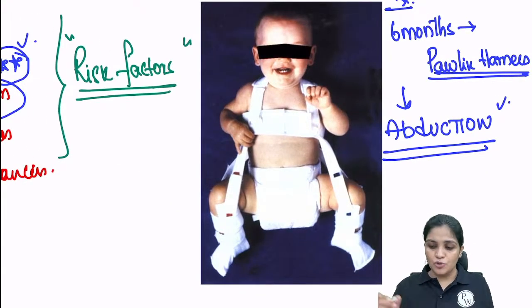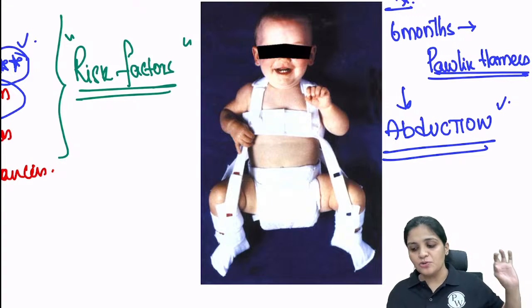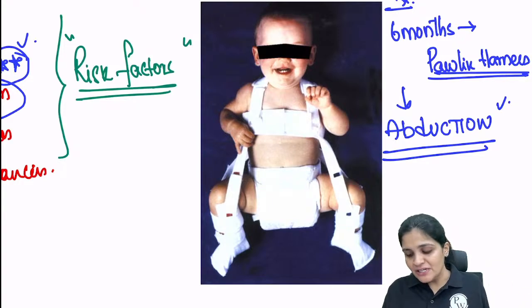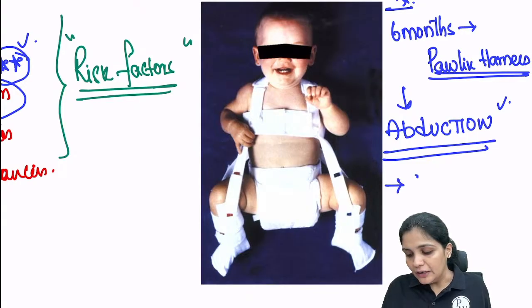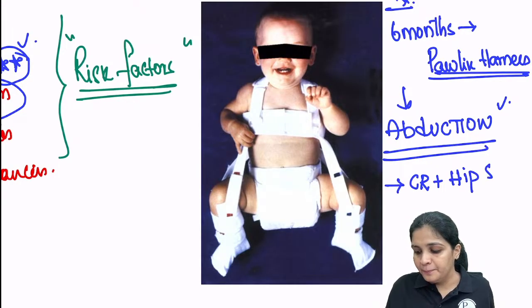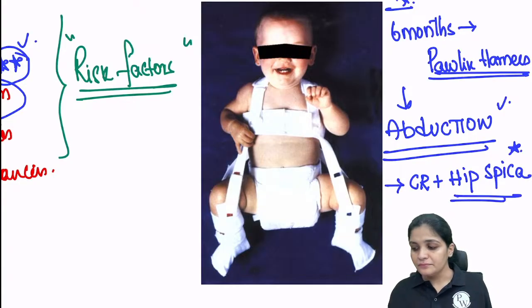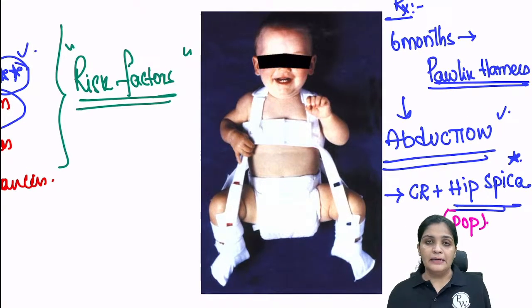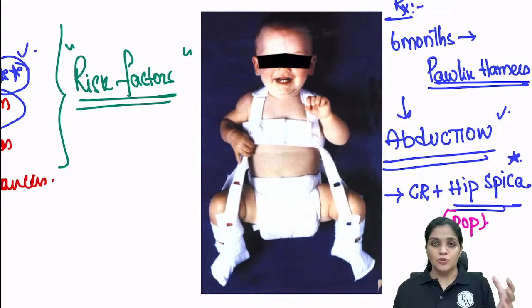When the baby comes to you and you identify it up to 6 months, you go for Pavlik harness. Once it is after 6 months, you can try closed reduction plus hip spica. So what is hip spica? Hip spica is, again, we use POP. The plaster of Paris is used, and we completely put the two limbs in abduction.